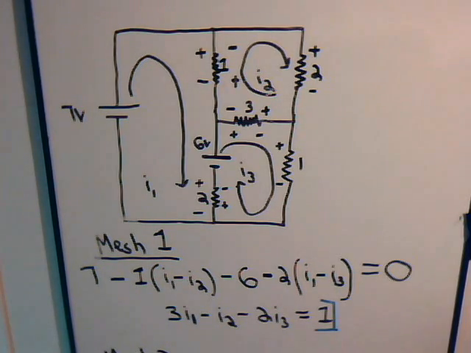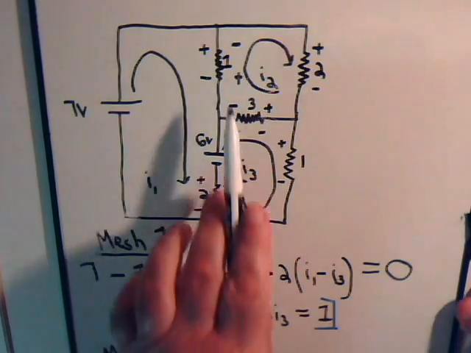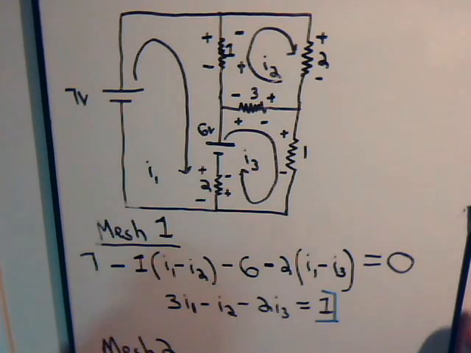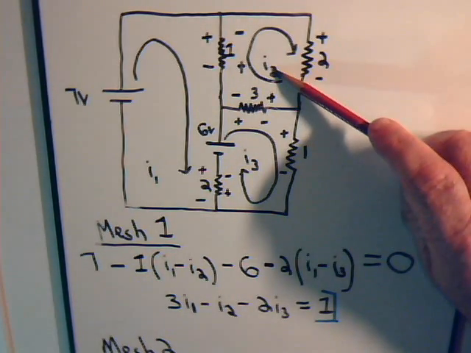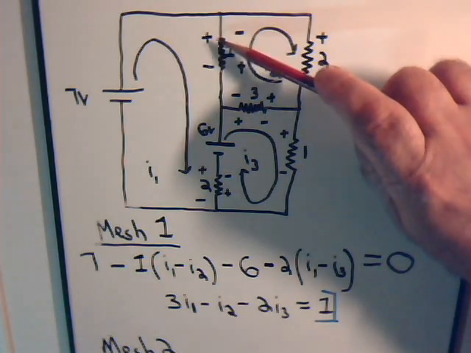But here then what we have is for the voltage drop across this resistor, it's the value of the resistor, and we have a minus sign by it. And it's going through a voltage drop. Now how much of a voltage drop? Well, it's the value of the resistor times the amount of current going through it. But now, when we're in this window, or in this mesh current, now we say it's I2 minus I1.